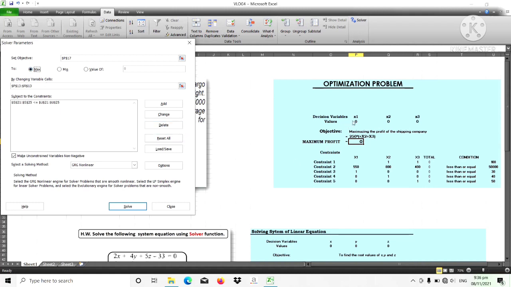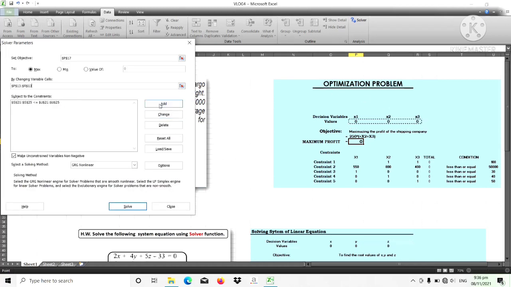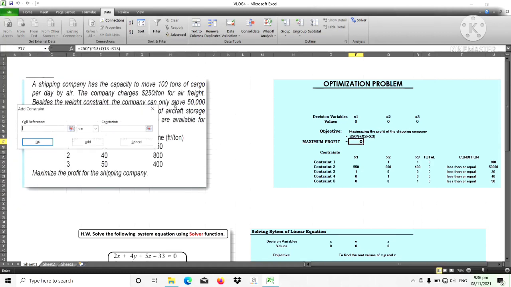So by changing the variables x1 to x3, then click Add, then the constraint, which is the total of each constraint, and also which is less than or equal.